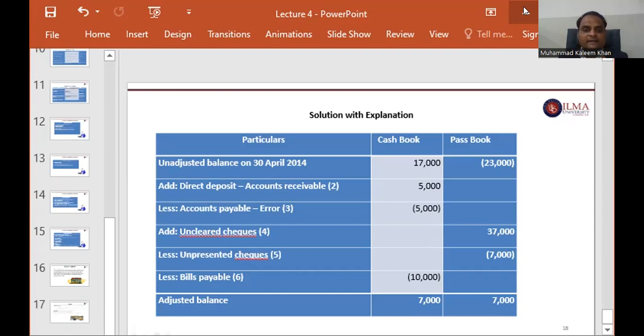The next one is a check issued but not presented to the bank for payment. It will be deducted from the bank statement by rupees 7,000. The next one is a bank-paid outstanding bill on behalf of the company that was not recorded by the company. So it will be recorded by the company as a deduction from the cash book of rupees 10,000.